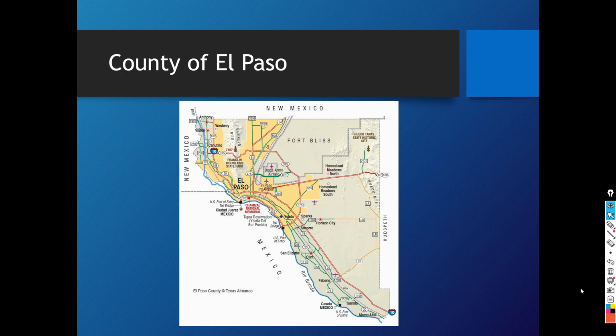Okay. All right. Now let's kind of continue with El Paso County because this really has nothing to do with the plat, but it's just something you guys need to know. This has to do with what are called jurisdictions.